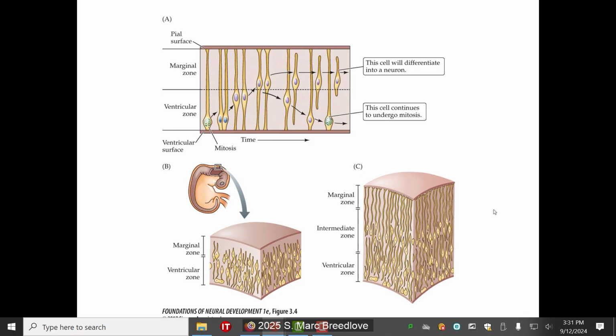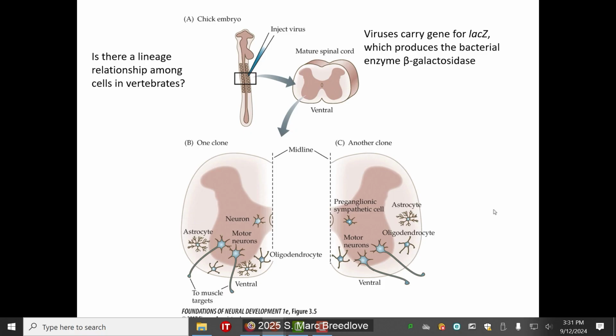So people devised ways to label cells near the end of mitosis and label their progeny to see what happens. And it was done in lots of different places, in brain and spinal cord. And I was part of this, so that's why I like to talk about it.